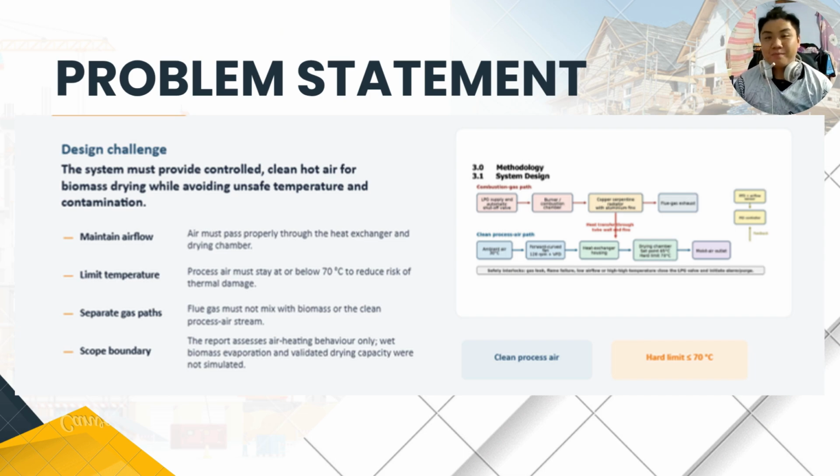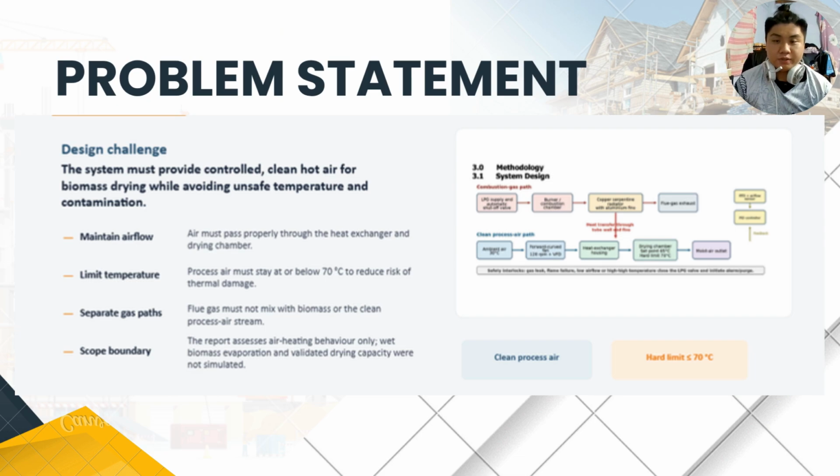So let's go through the problem statement. The main problem in this project is to design a system that can supply clean and controlled hot air for biomass drying. The system must maintain proper airflow through the heat exchanger and drying chamber. It must also ensure that the hot air temperature does not exceed 70 degrees Celsius so that the biomass is not damaged during drying.